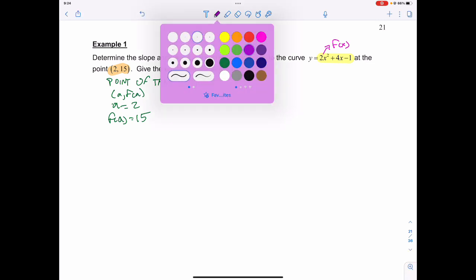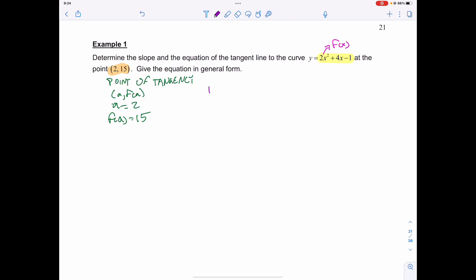Now, when we're solving the slope of this, we're going to use that slope formula that's not on your formula sheet that we gave on the previous page. The slope is going to be the limit as x gets closer and closer to the point of tangency, or a, of f of x minus f of a divided by x minus a.